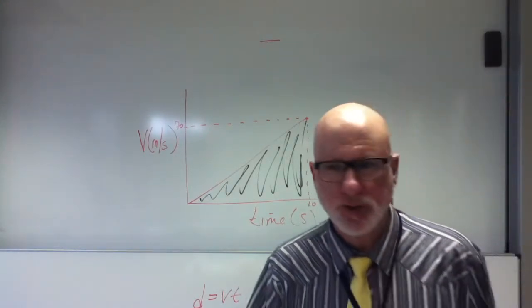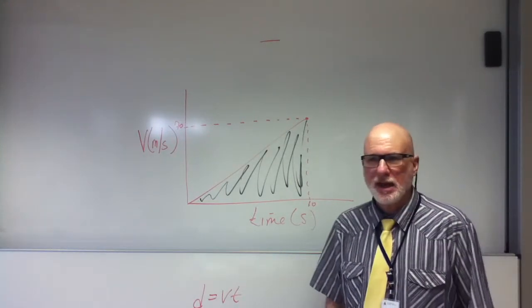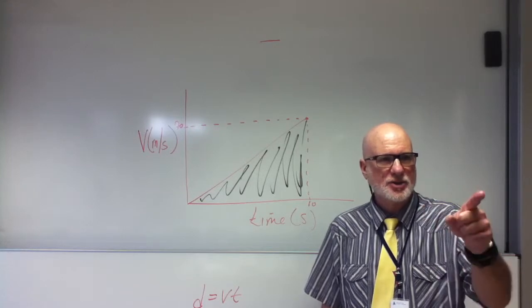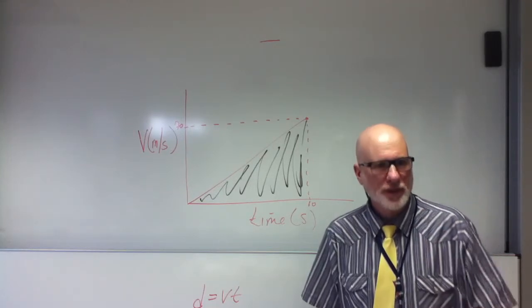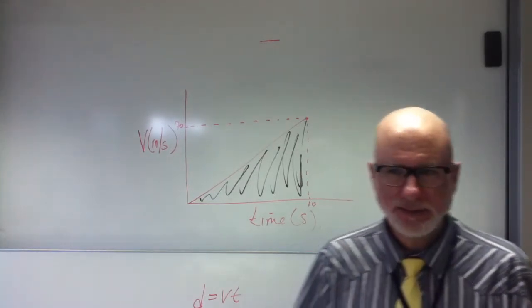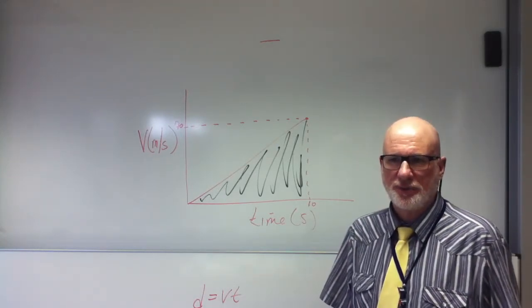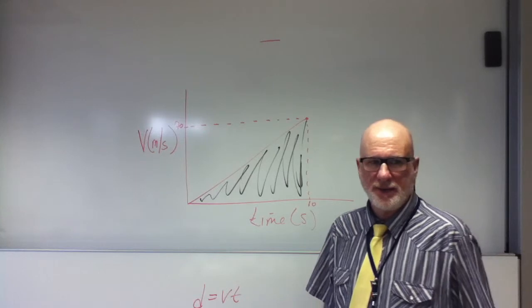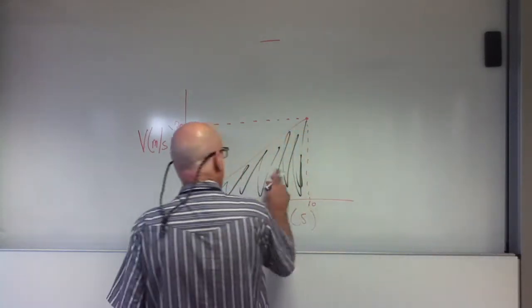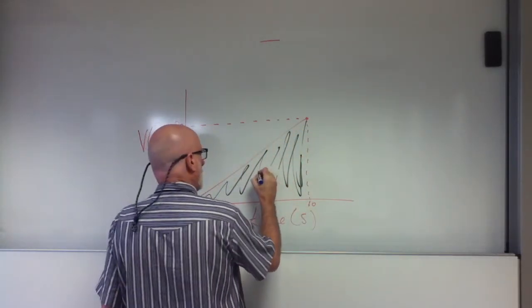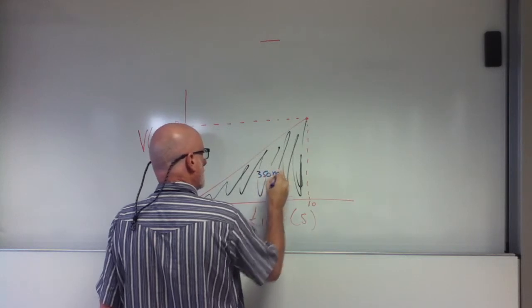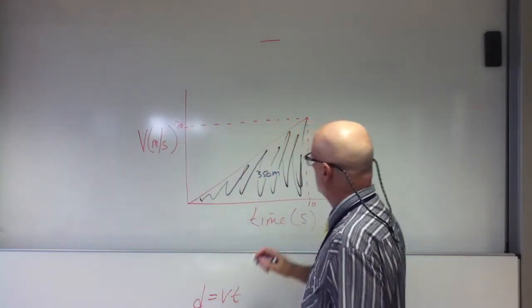Can you do this? I want you to do this by yourself. Oh my God, Alyssa is the first one with her hand up. 10 extra points. 350. Excellent. Alyssa is overtaking the entire group. It's going to be 350 meters. Why?